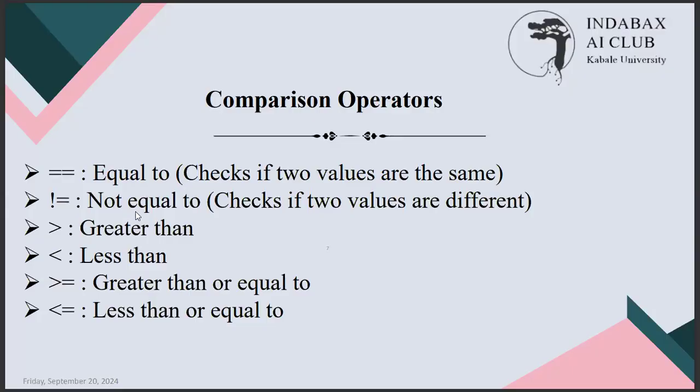So I hope we are good to go with the comparison operators. The other name for comparison operators is relational operators. They are used to compare two values or two variables in your program.